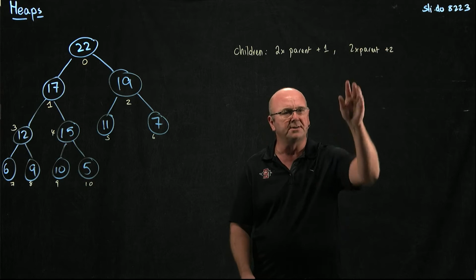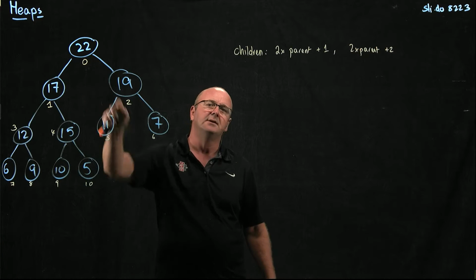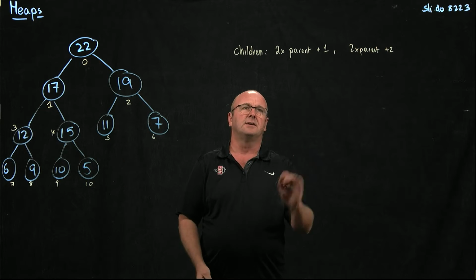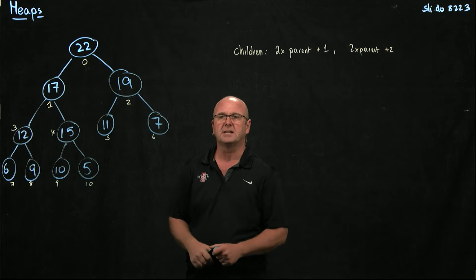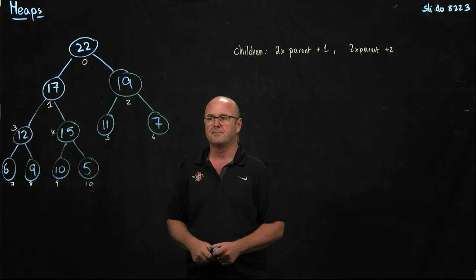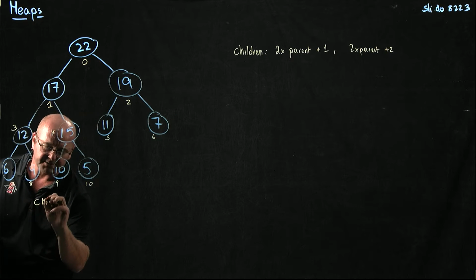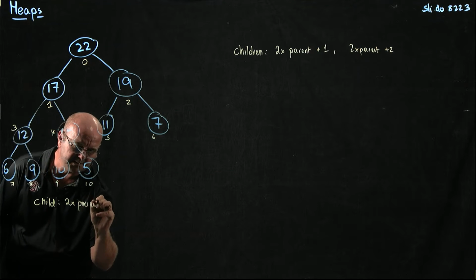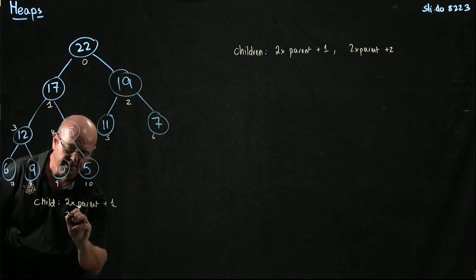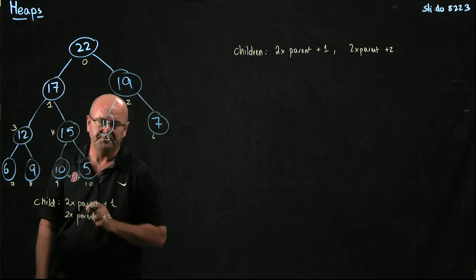That relationship is only good for a 0-indexed relationship. If you have node 1 at the top, then it's twice the parent and twice the parent plus 1. But we have a 0-indexed relationship. Let me write that down here. So children are 2 times the parent plus 1, and 2 times the parent plus 2.